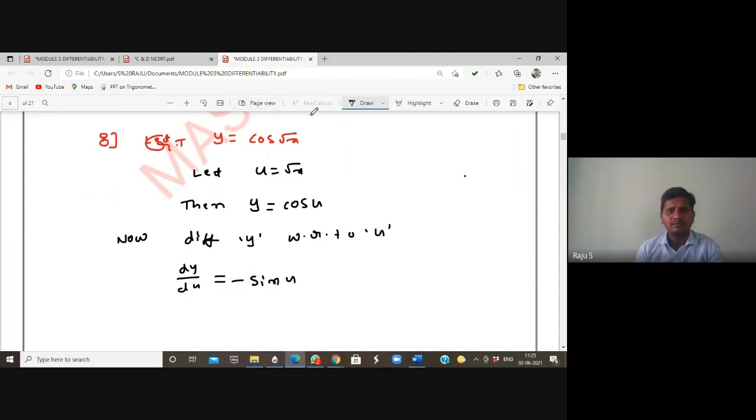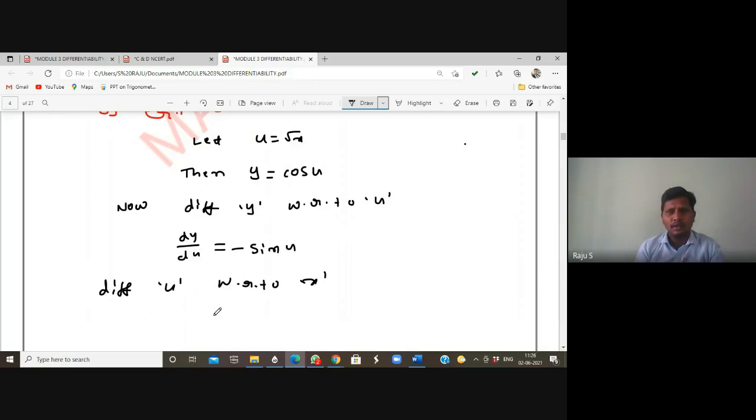Next, differentiate u, because u is a function in terms of x, with respect to x. u is equal to root x, then du by dx is equal to 1 by 2 root x. So the root x derivative is 1 by 2 root x.